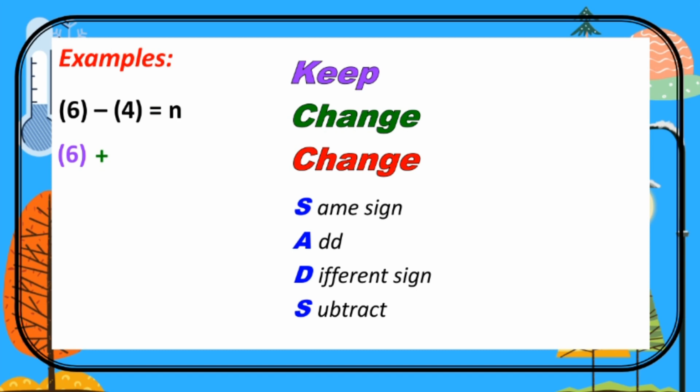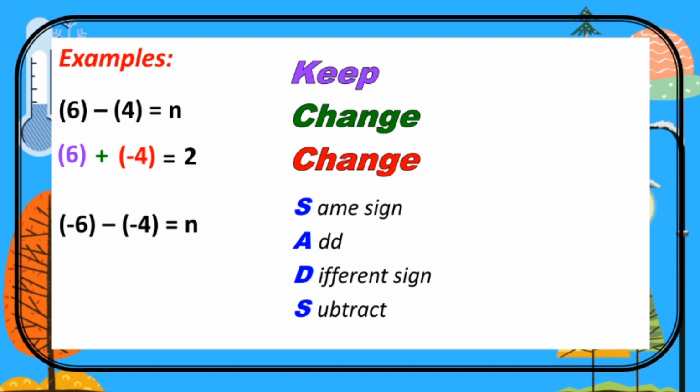Change minus to plus sign. Third is change. So, positive 4 change to negative 4. Now, different sign silang dalawa. So, magma-minus tayo. 6 minus 4 equals 2. And then, mataas ang 6, kaya positive 2 ang ating sagot.